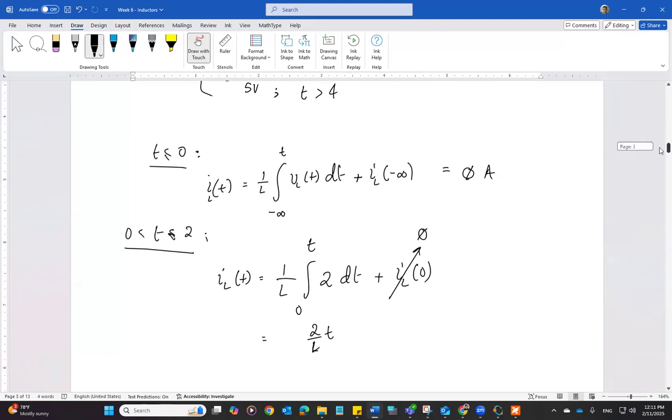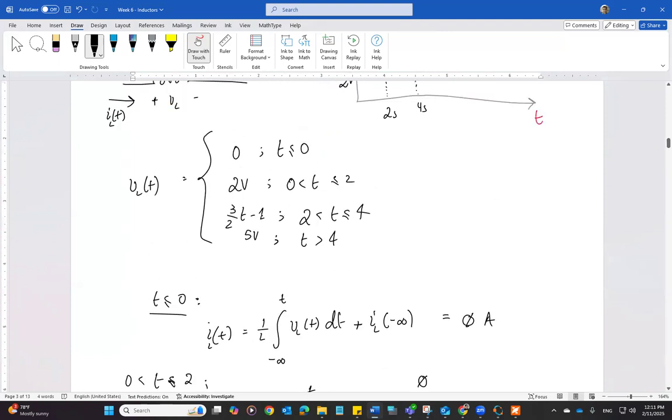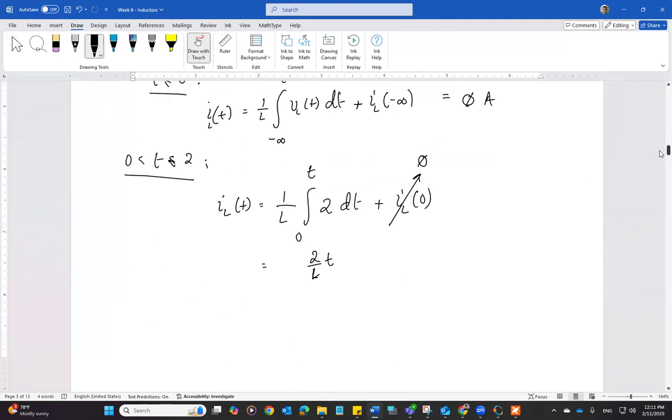And now the third time period is 2 to 4. So first, we are going to find the initial value of inductor current at the beginning of the interval. So from 2 to 4, what is the value of current at 2 seconds? So IL(2) will be equal to 2 times 2, 4, 4 over L. And L, what did I take?